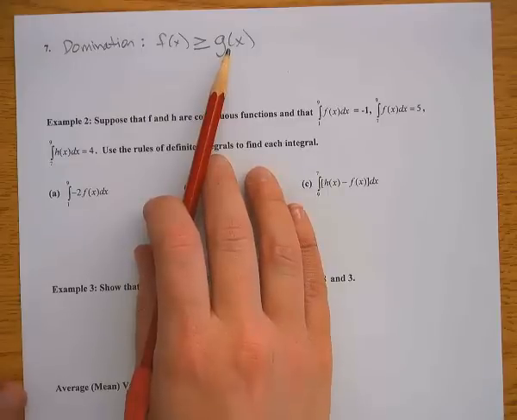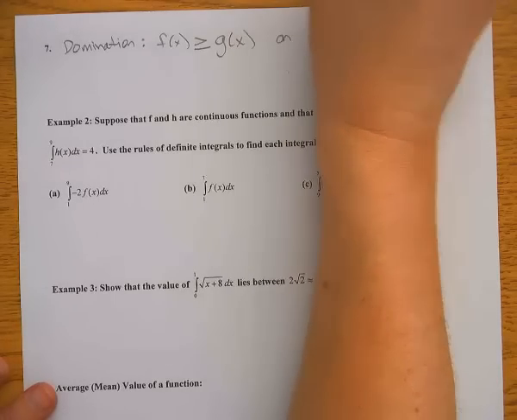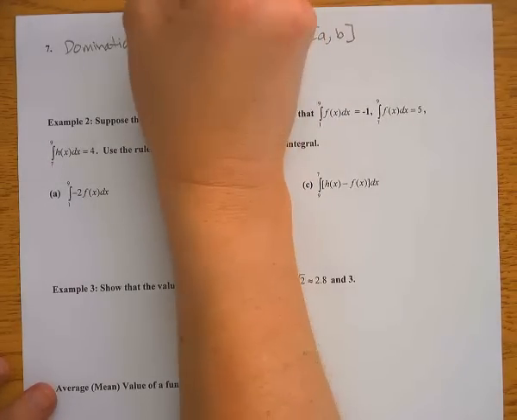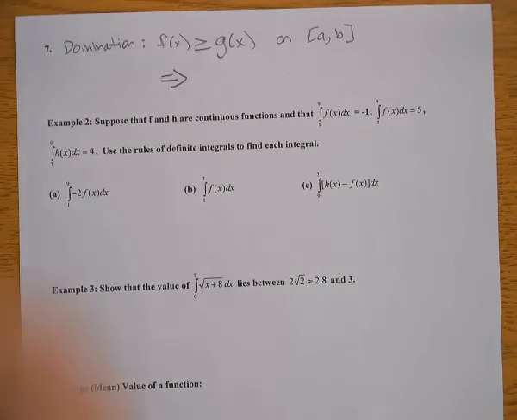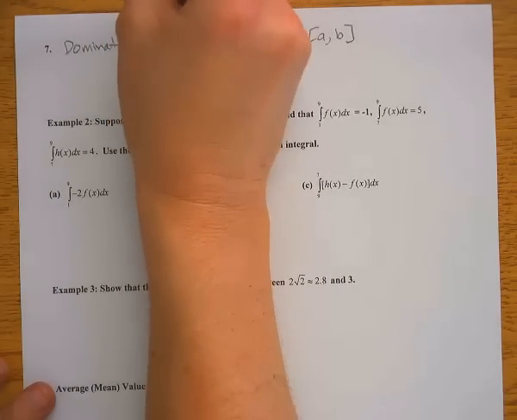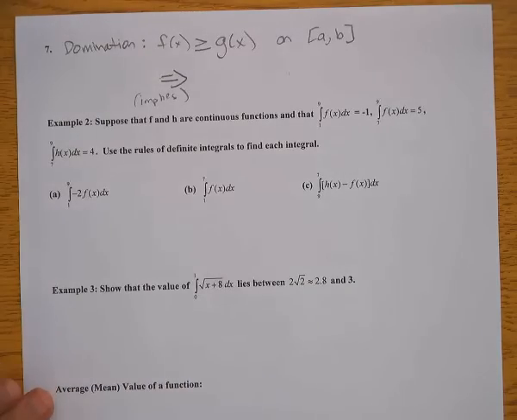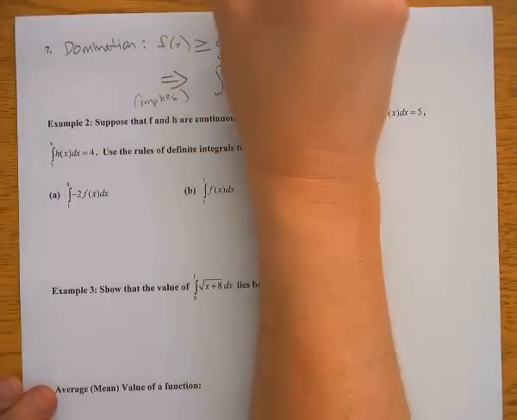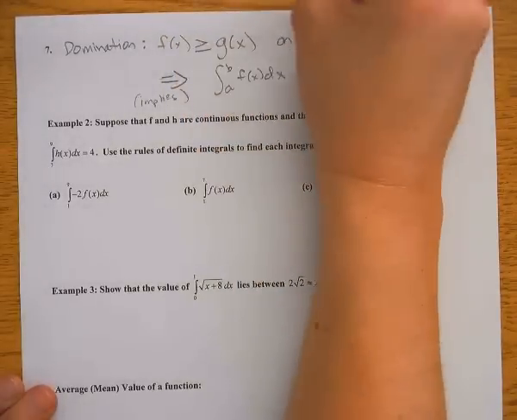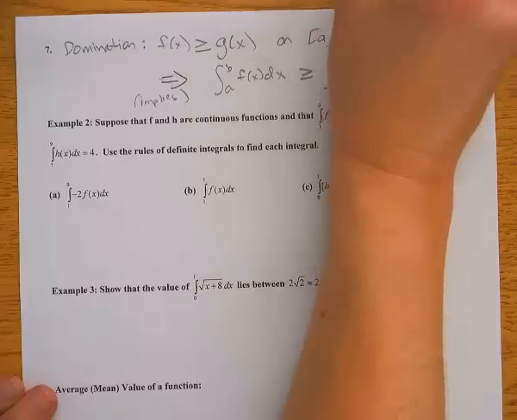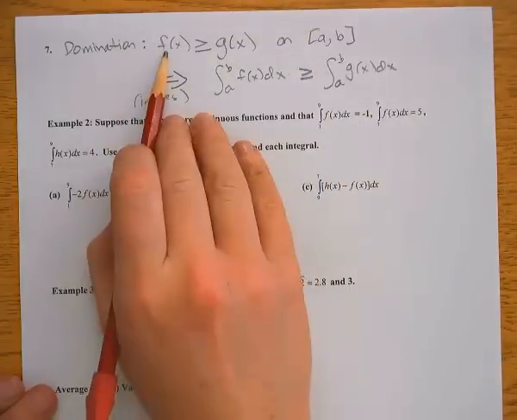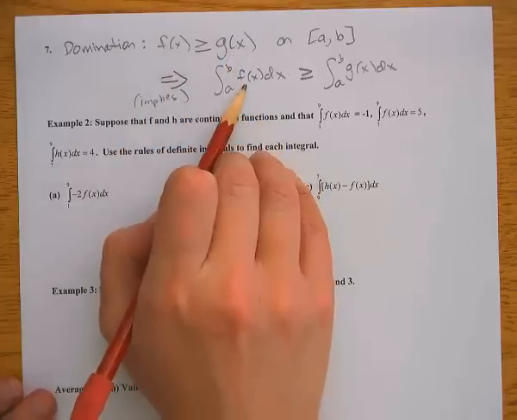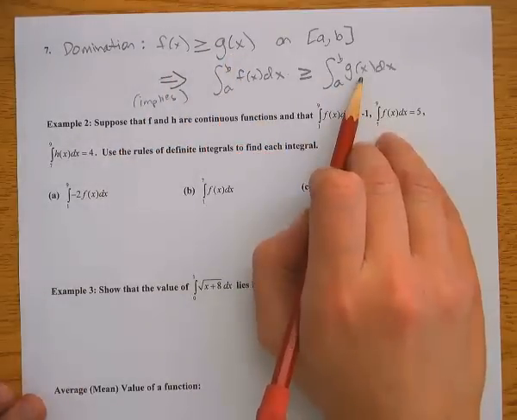If that is true on some interval from a to b, that would imply, so this double-lined arrow means implies, that the area under f from a to b is going to be more area than that under g. Because these heights, these y values, are always higher than these, so the area under them will be more than the area under g.